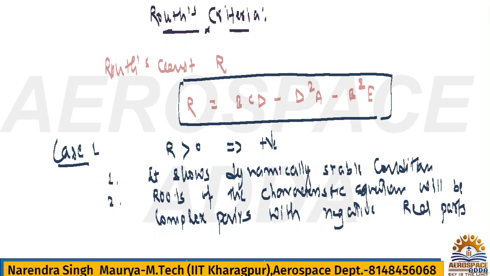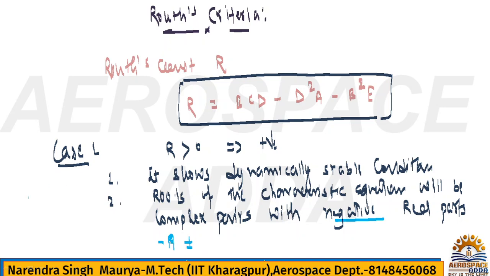So that is a complex pair. In complex, real and imaginary both are available, but in a complex pair here, the real part will be negative only. So you just see the example. You have to write two complex pairs. First I'm writing minus P1, because the real part is negative.